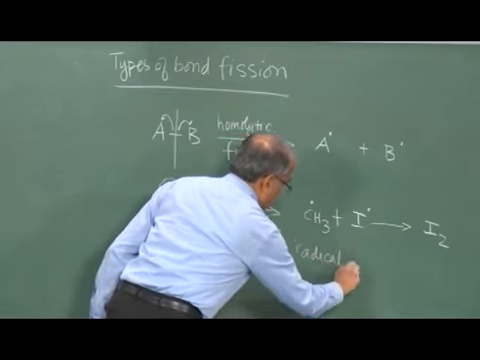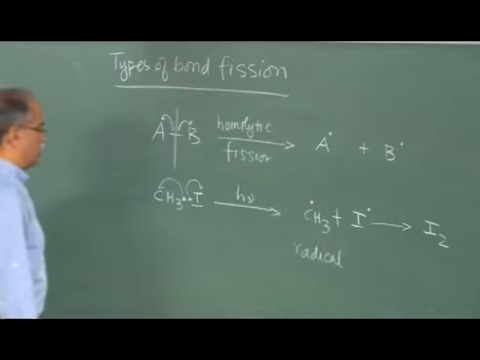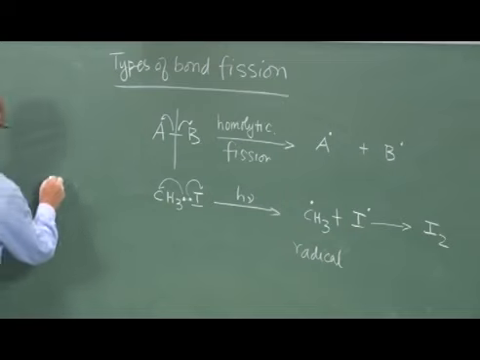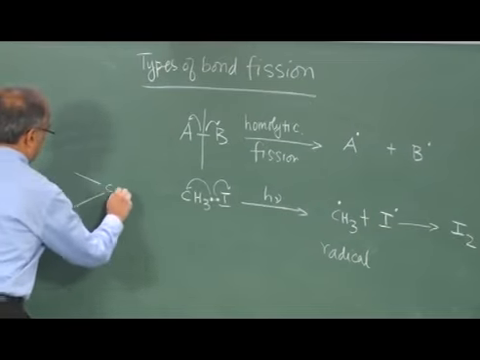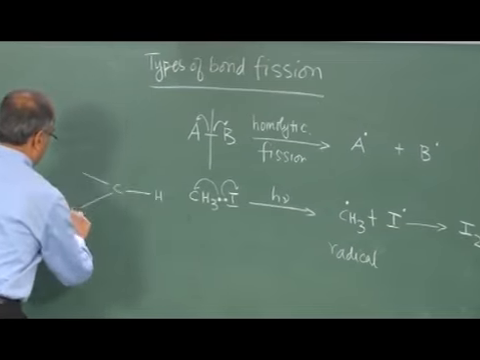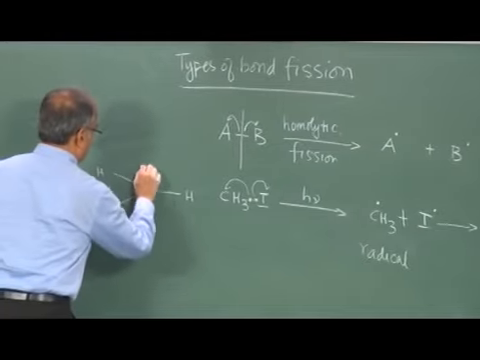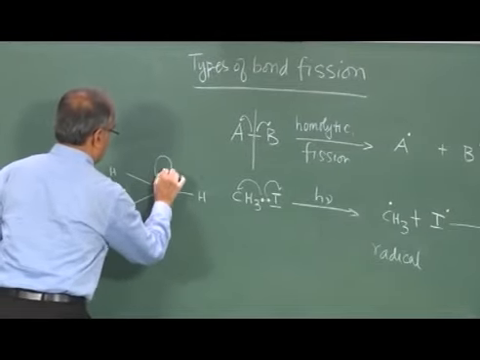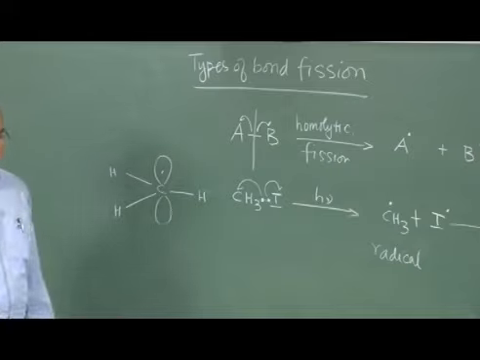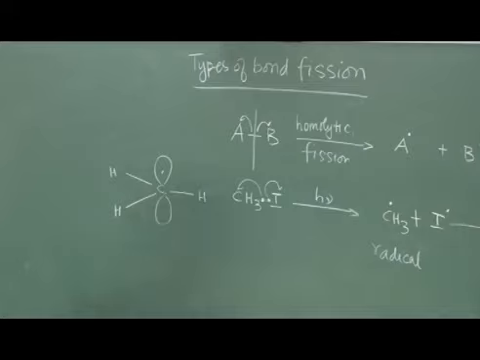This is the methyl radical, which has a structure represented by an orbital containing only one electron.